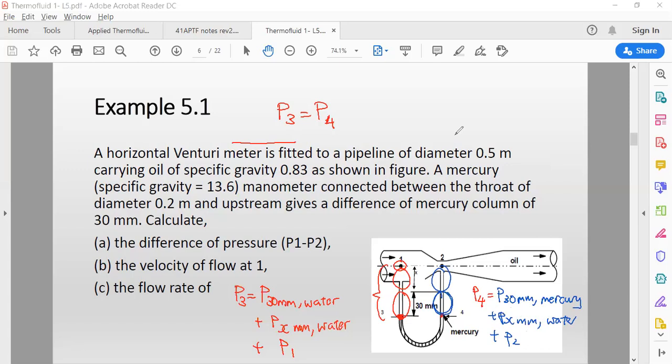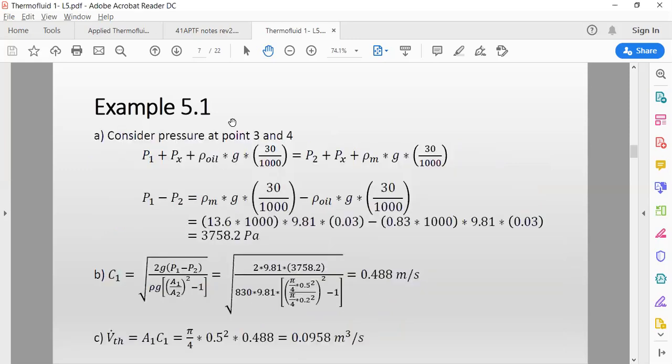Any questions till now? Once you understand the derivation, you understand why this is written this way. The left hand side is P3. The right hand side is P4. Oh, just now I made a mistake.